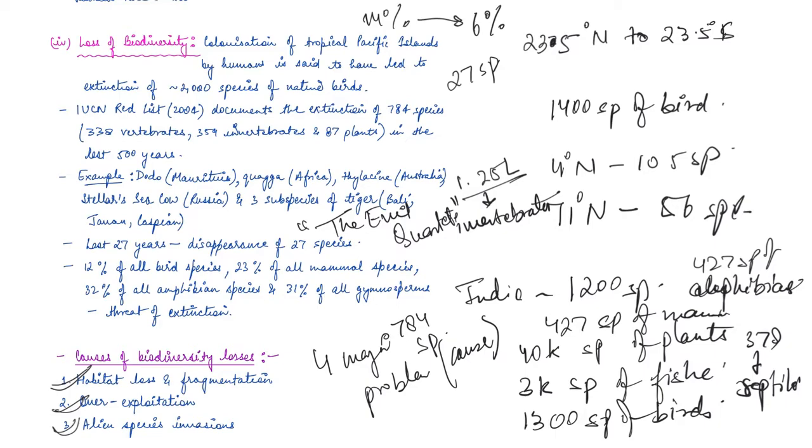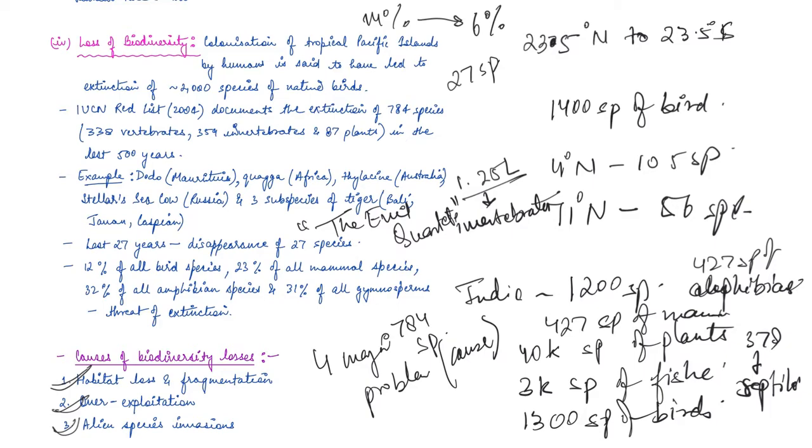Like the Nile perch introduced into Lake Victoria in East Africa, it eventually led to extinction of an ecologically unique assembly of more than 20 species of cichlid fish in that lake.